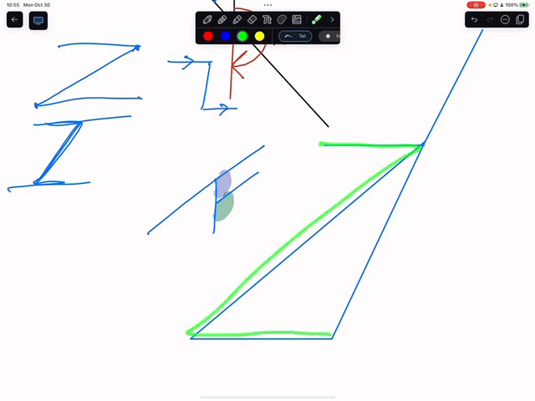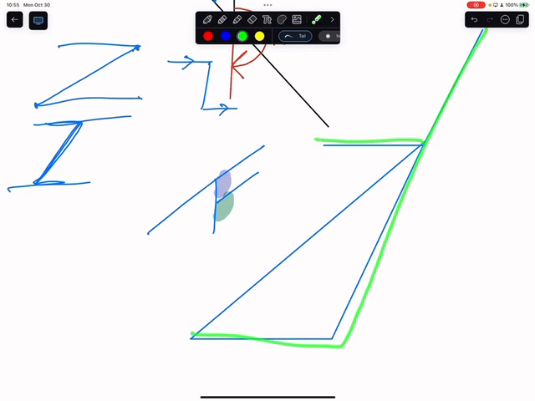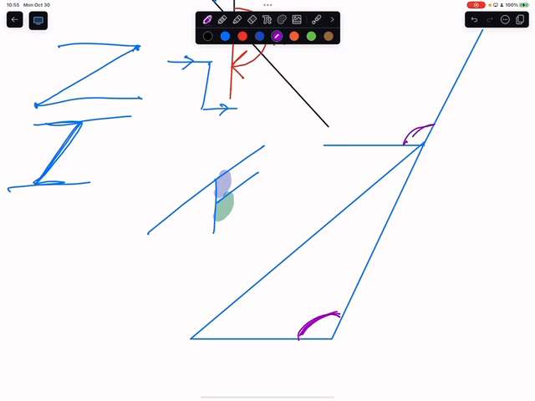Yes, Z and upside down F. So you know this angle corresponds to this angle. That's an F angle. So if this was 95, this would also be 95. Those are the three angles you have to look for: Z, F, and opposing angles.